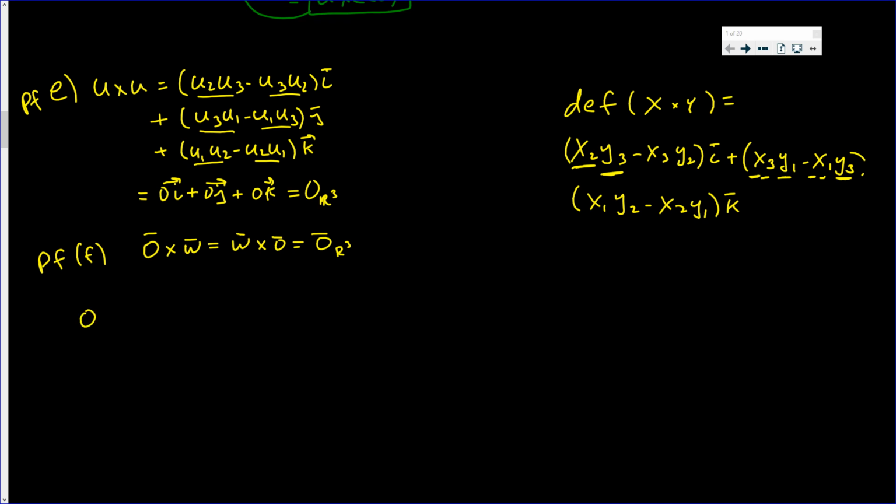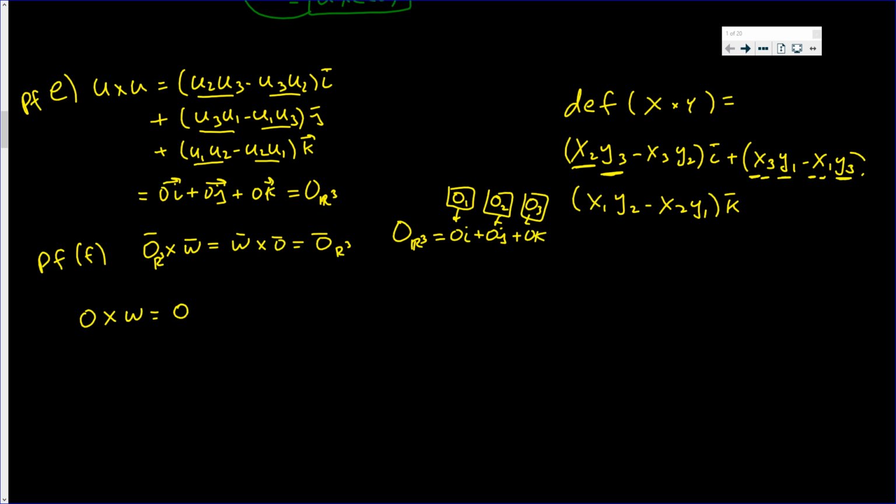So, by definition, 0 cross W. Now, remember, 0 in R3 is 0i plus 0j plus 0k. That's the first component, that's the second, it's just 0.